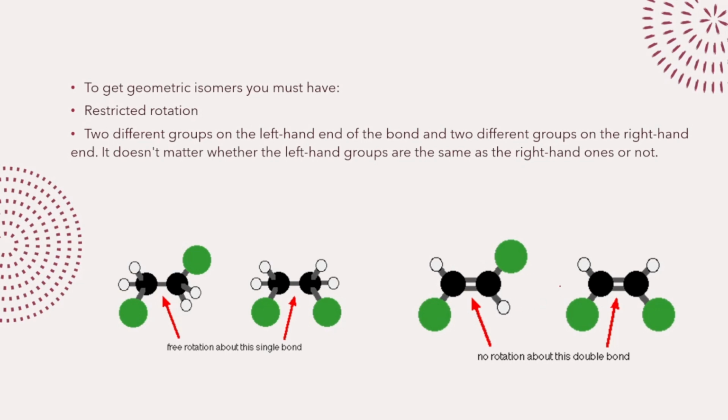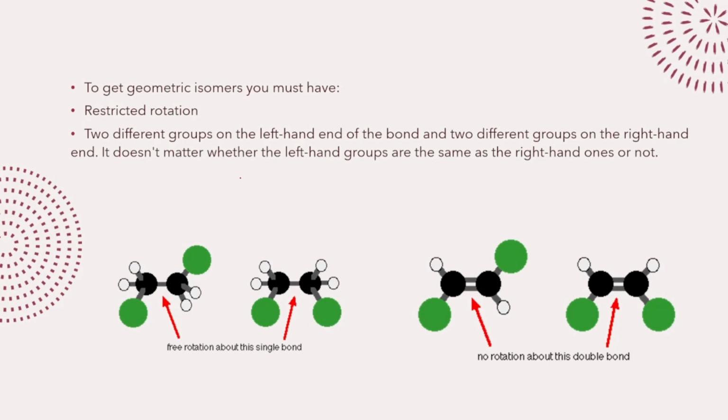Geometrical isomers are alkenes that have the same number of carbons and hydrogens, but the arrangement of the alkyl groups or branches around the two carbons is different.